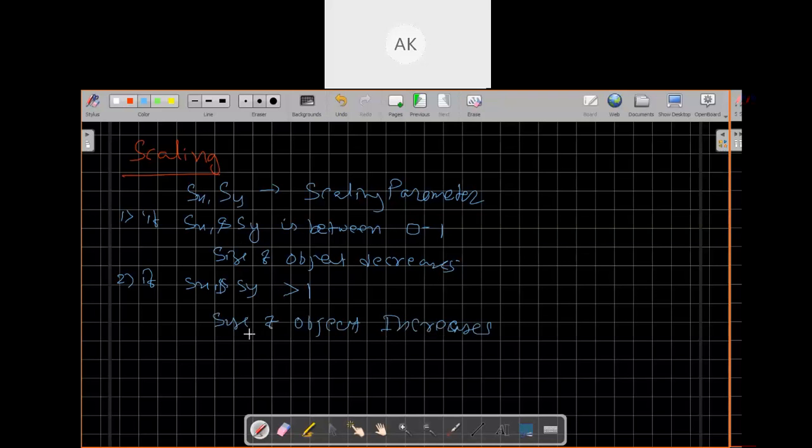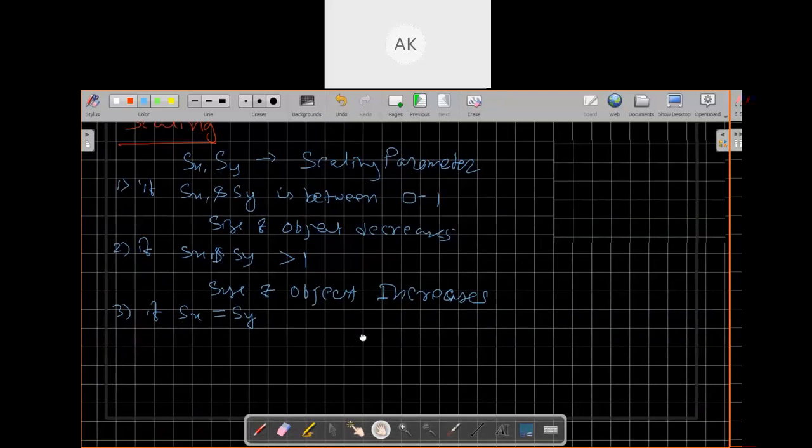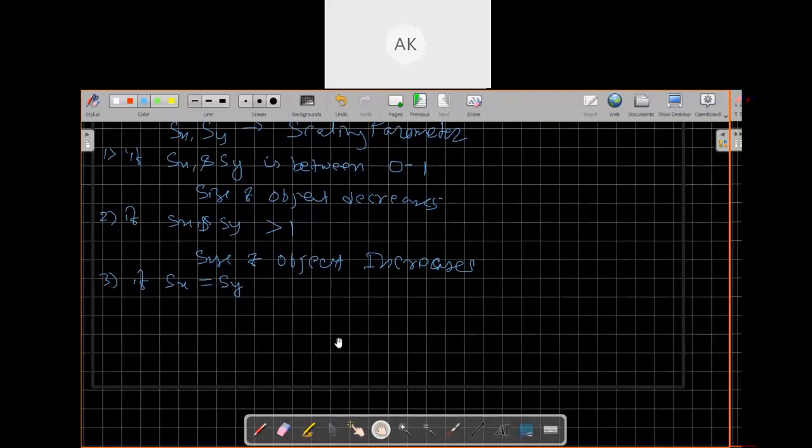When the scaling parameter values are between 0 and 1, the size of the object will decrease. And if the sx and sy values are greater than 1, the size of the object increases.